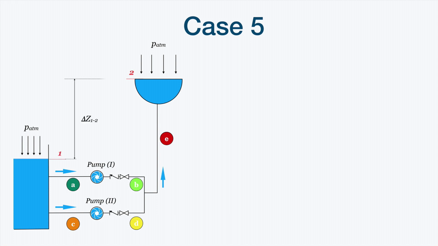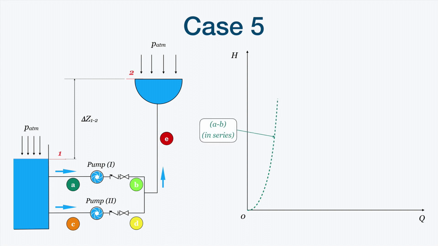So delta Z, of course, is the difference between the liquid surfaces, the static head. We can draw the graph here. This first curve is the combination of pipes A and B in series.